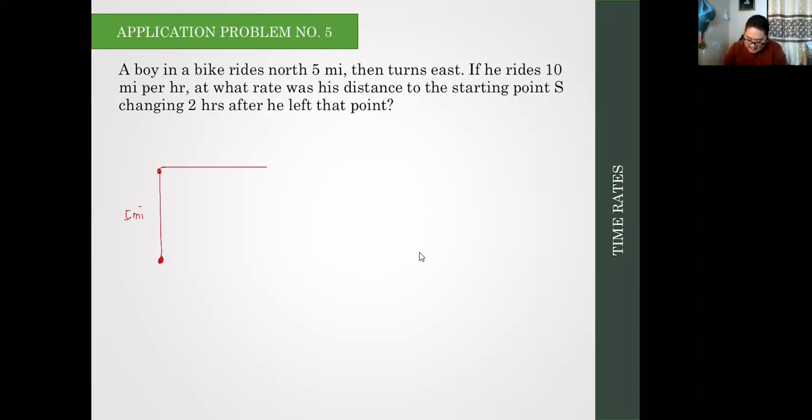If he rides 10 miles per hour, okay? Ano yung 10 miles per hour? Ito yung kanyang speed, no? At what rate his distance to the starting point is changing 2 hours after he left that point. So, 2 hours after he left that point.